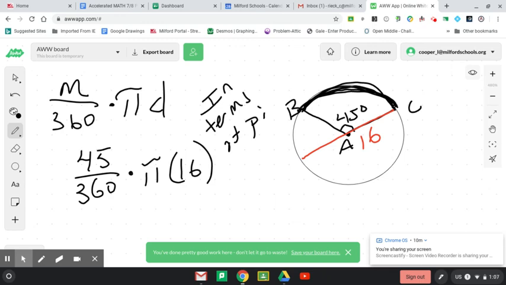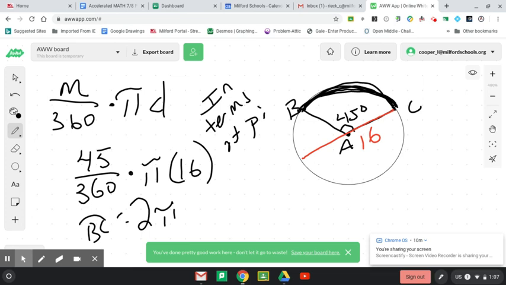So you could really just go to Desmos and put in your calculator that fraction, which is what I'm doing right now. 45 over 360, and then times the diameter of 16. And because we're leaving it in terms of pi, we don't really have to worry about that. And we would get 45 over 360 times 16 is 2. So the length of arc B to C is 2 pi.